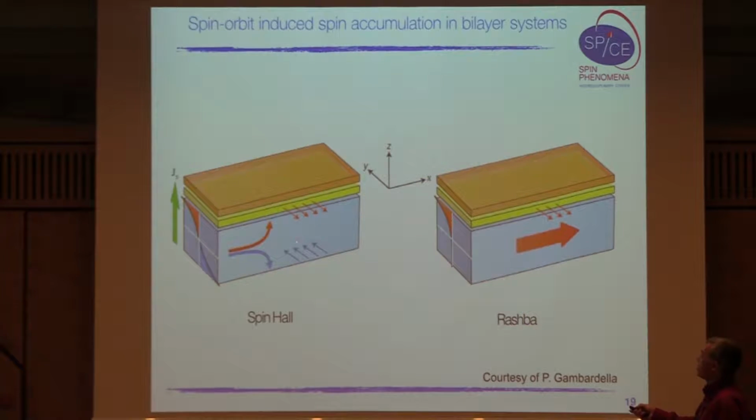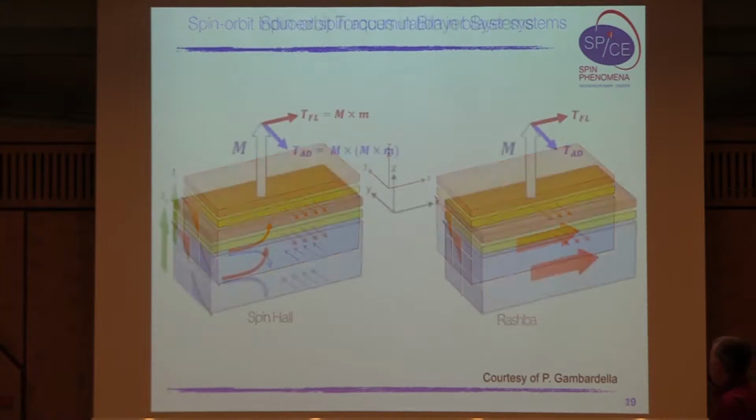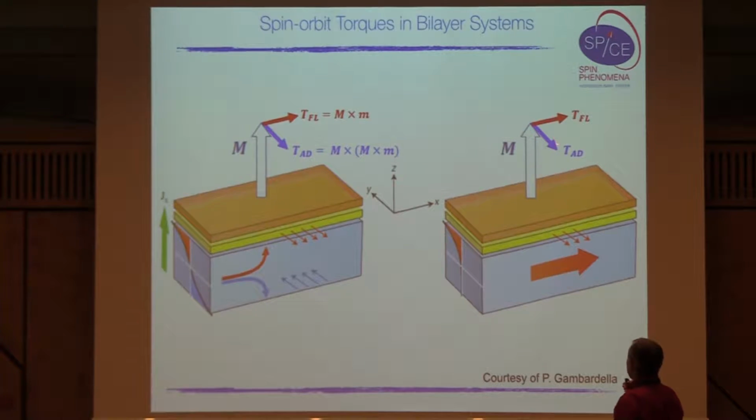So just to summarize, you have these two types of possible torque. One is generating a spin current that can flow into the ferromagnet, and the other is a contribution due to the spin accumulation generated by a flow of current at the interface, which generates this non-equilibrium polarization that can couple to the magnetization at the interface. But the problem is that both of them, in reality, can generate both.